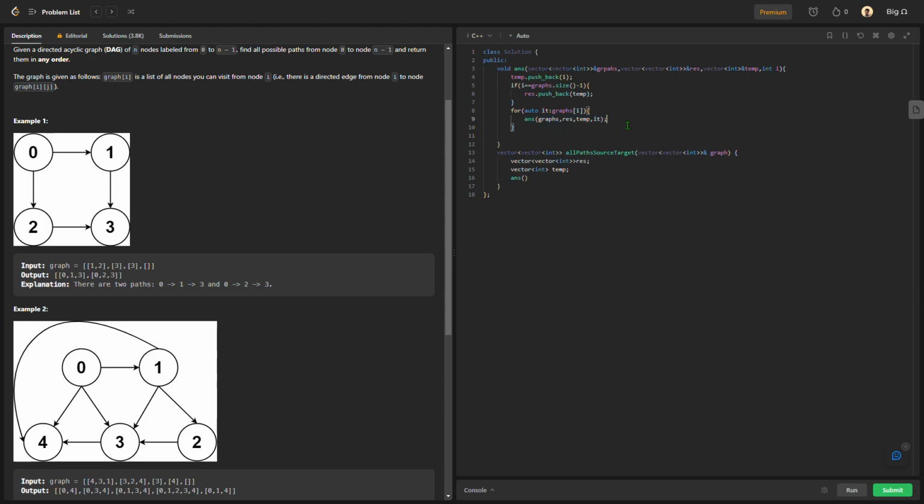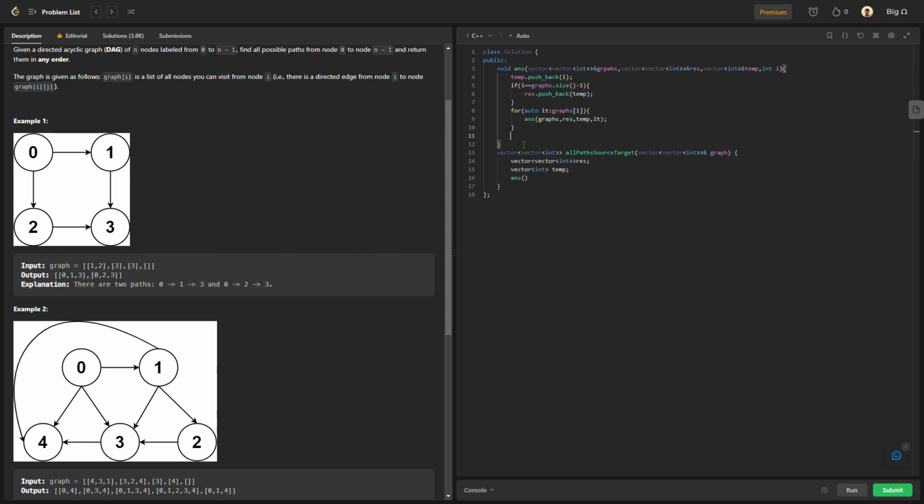At this moment I search for all its paths. Then if I am done with storing 0 1 3 as my path, now I need to check. I was at 1, I checked for 3. Now I will just remove 1 and pop it out from my temporary vector, and now iterate over the next child of 0, and that was 2.